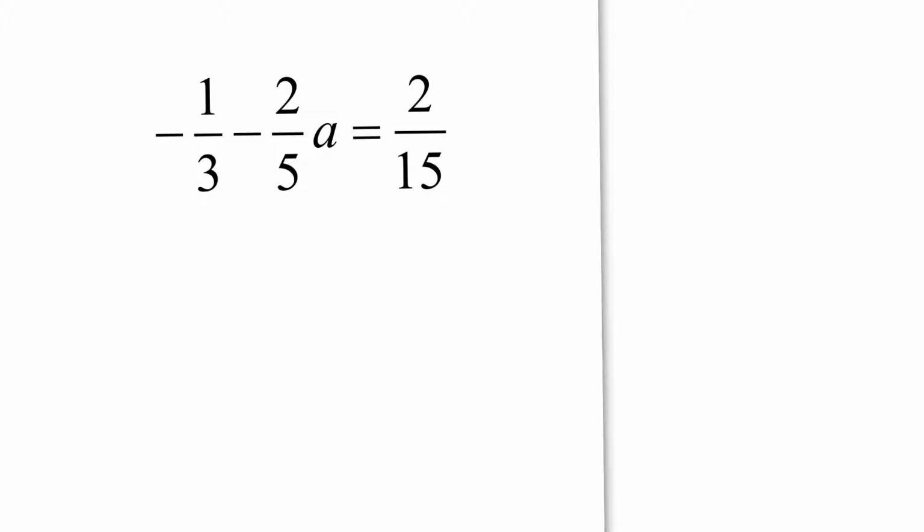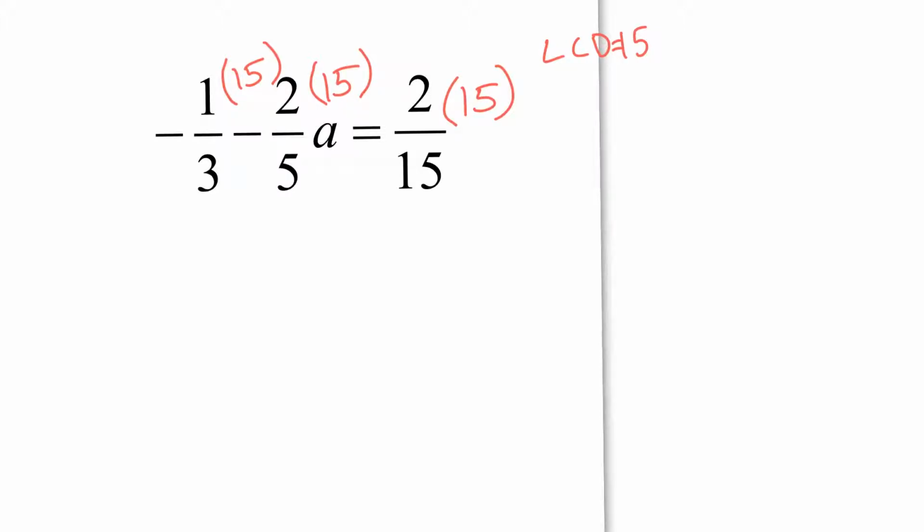So I need to multiply everything by 15. Lowest common denominator is 15. So I will multiply this one by 15, this one by 15, and this by 15.